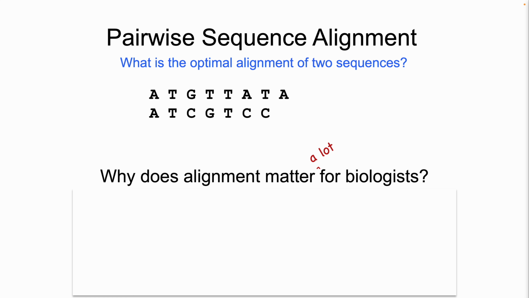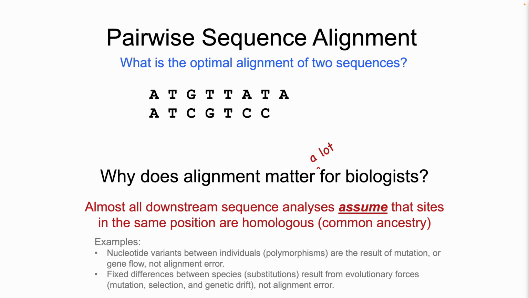Well, being able to interpret that depends on them being similar enough that you can confidently say this is the same position, right? So almost all downstream analyses in sequence analysis assume that when you show me the alignment or you analyze a certain position, those are the same because of homology or common ancestry.